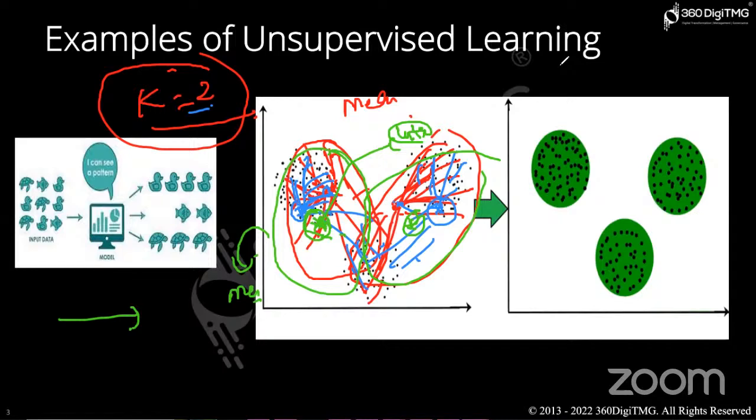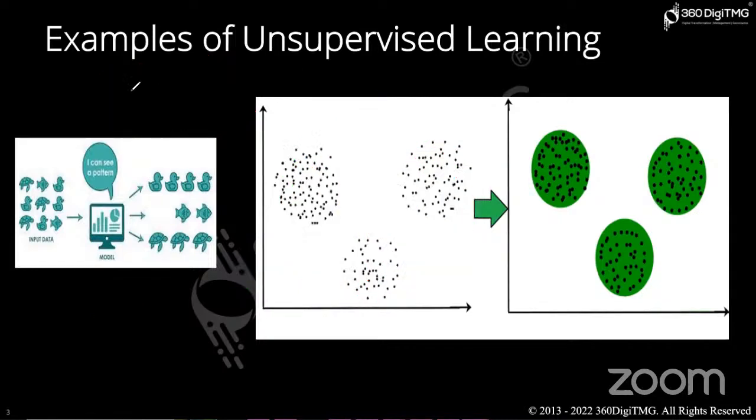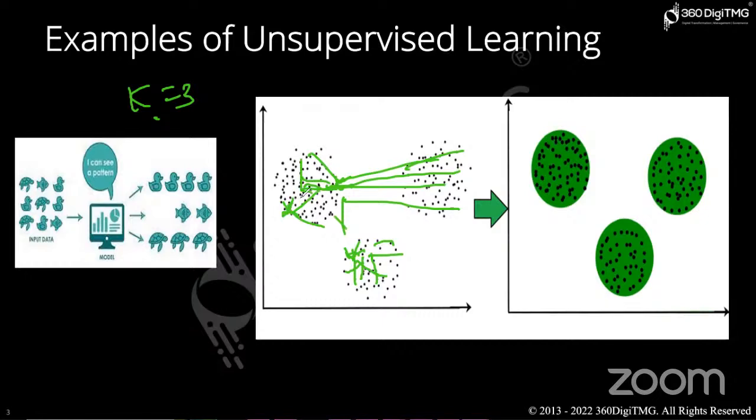What happens when k is equal to 3? Randomly, it will assign 3 centroids. It could be here, it could be here, or it could be here. Then it will check all the distances from those centroids.